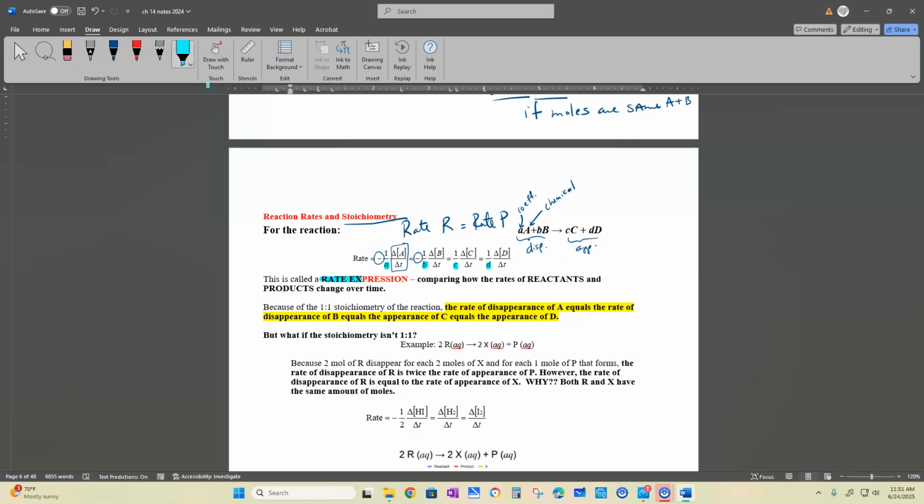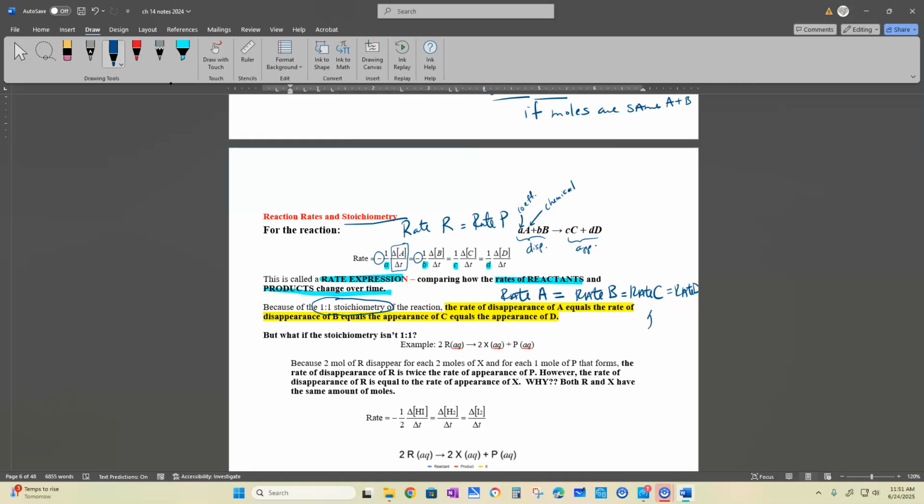So we call this a rate expression. It's comparing how the rates of reactants and products change over time. Because everything was 1-to-1-to-1, the rate of disappearance of A equals the rate of disappearance of B and equals the rate of C and equals the rate of D. Why do 4 calculations if they're all the same coefficients?